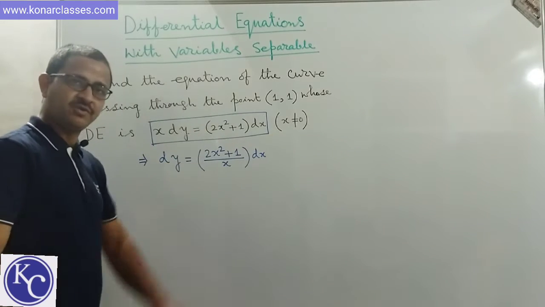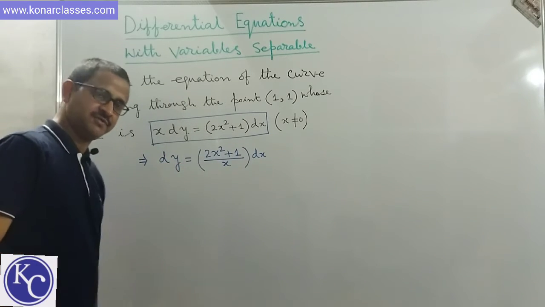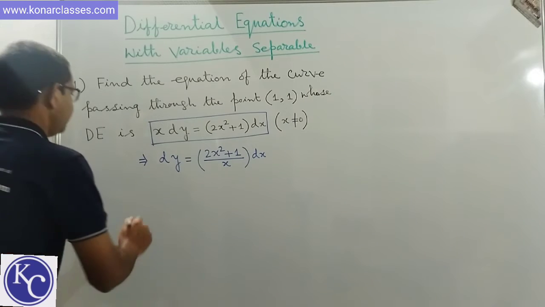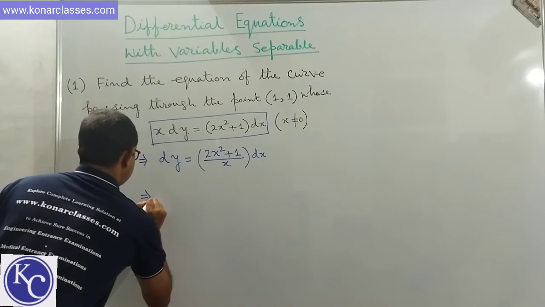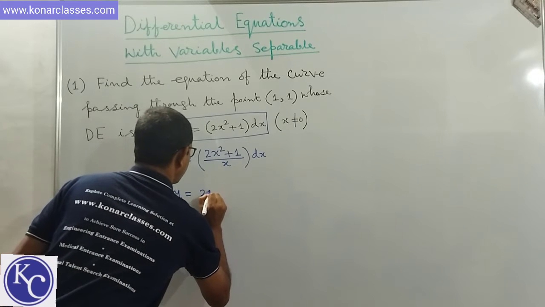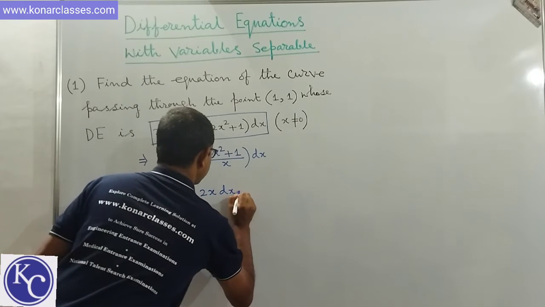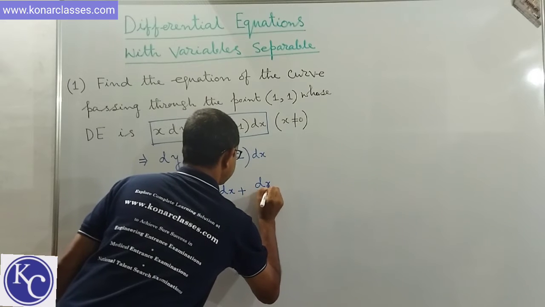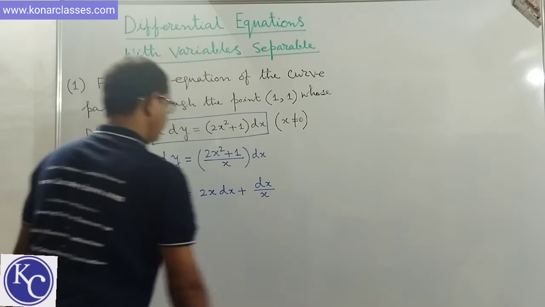As it is given x is not equal to 0, we can divide by x. This implies dy is equal to 2x dx plus dx by x.